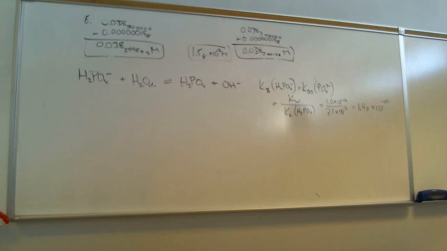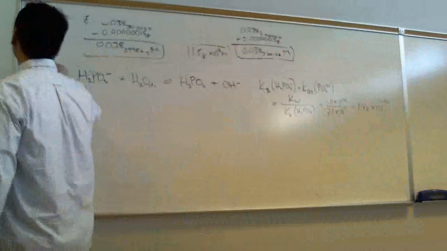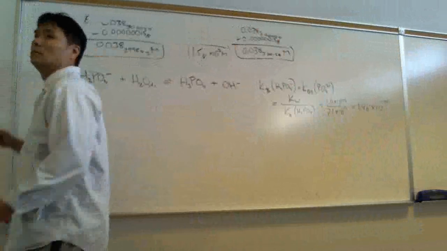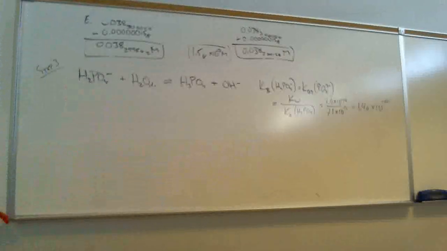No. And so if this were 1.4 times 10 to the minus 15, I would not use this as my step 3. I would instead go to, what would give you more hydroxide? Water. I would go to Kw. Does that make sense?